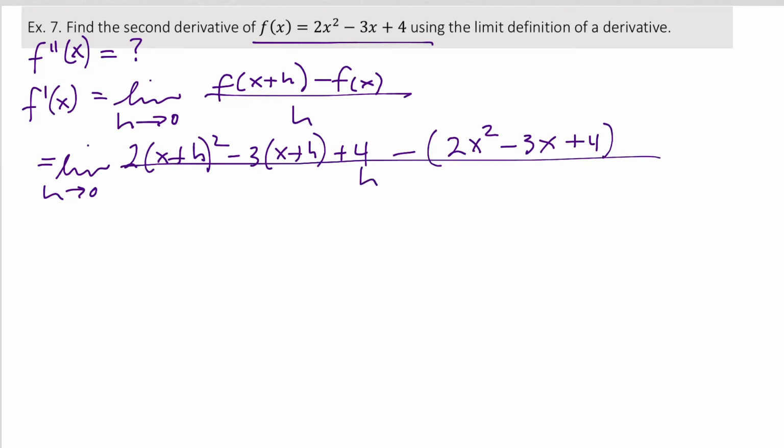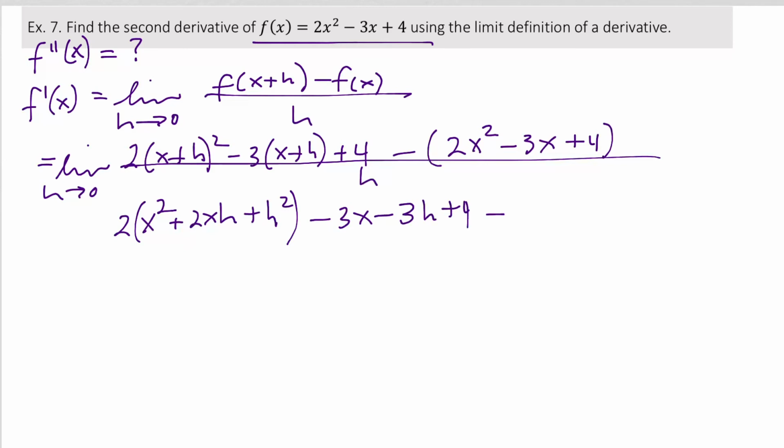So let's simplify the numerator. So that's 2 times expanding the binomial x squared plus 2xh plus h squared minus 3x minus 3h plus 4 minus 2x squared plus 3x. I'm distributing the negative, and that would be minus 4.